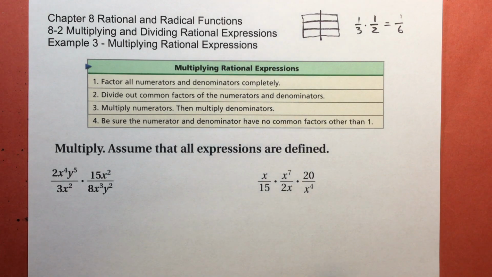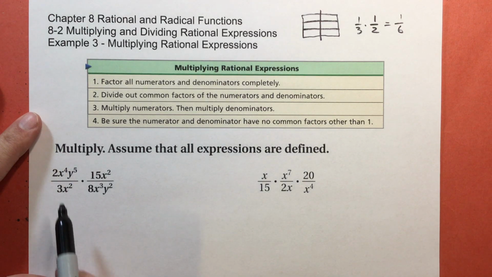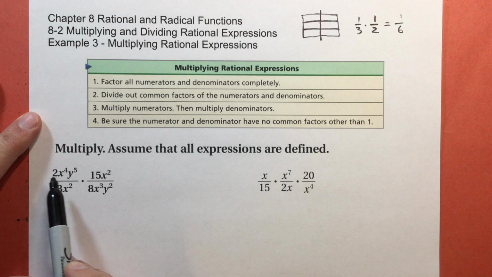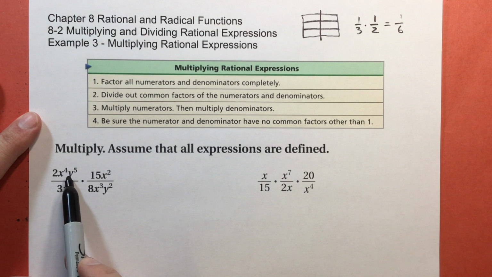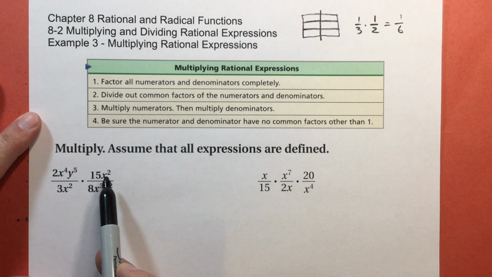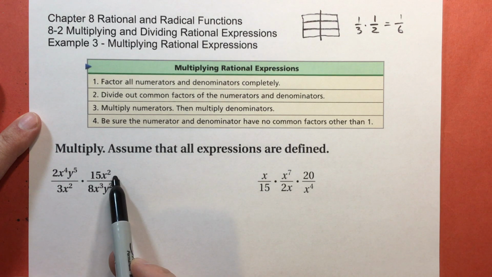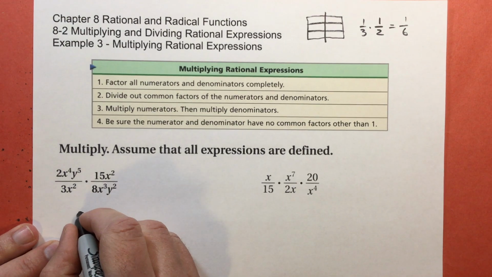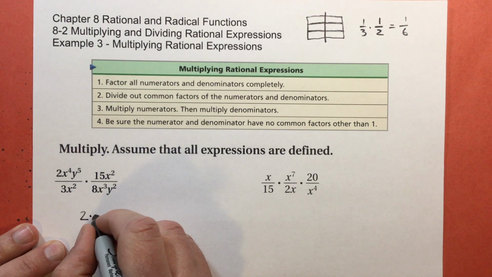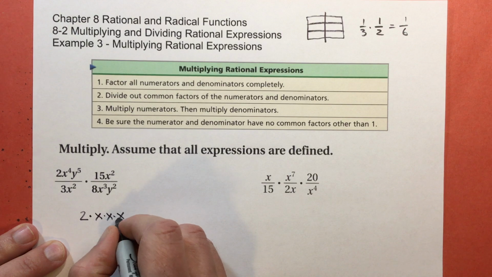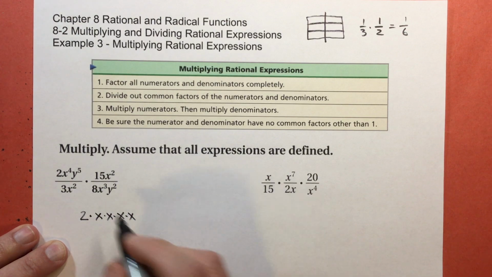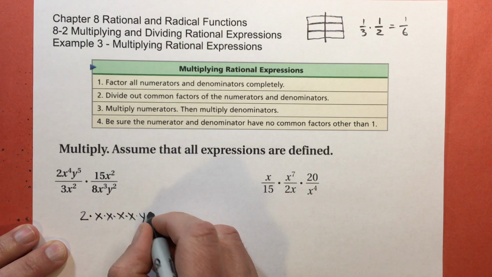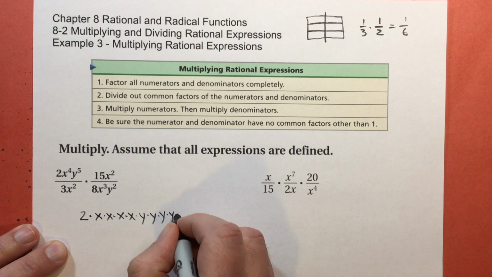Okay, so for this problem, I've got 2 times x to the 4th times y to the 5th times 15 times x to the 2nd power. I'm going to factor all that, and I'm going to write it as one numerator. So 2 is prime, x to the 4th is x four times, y to the 5th is y five times.